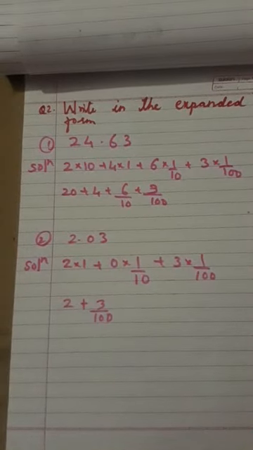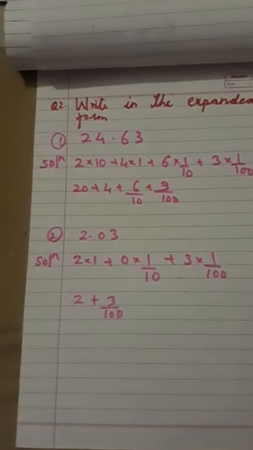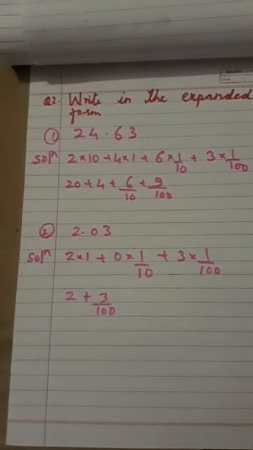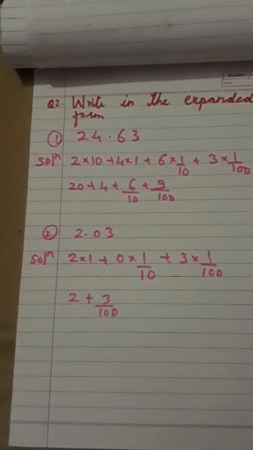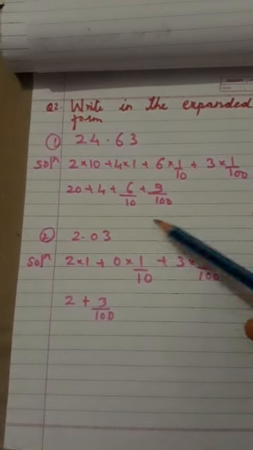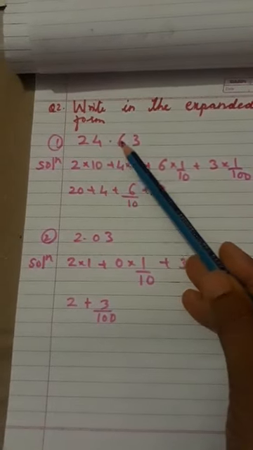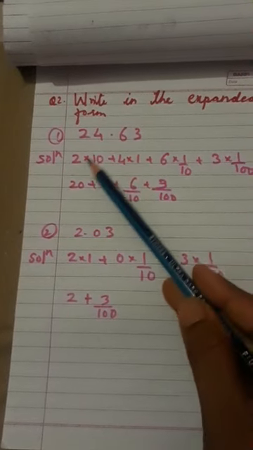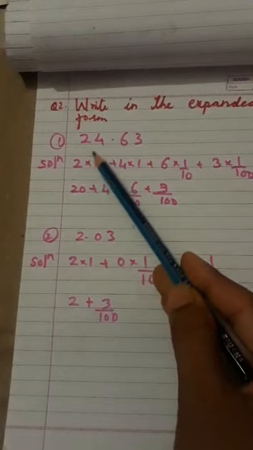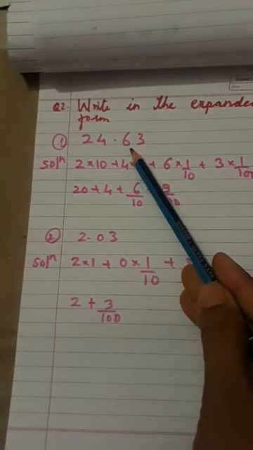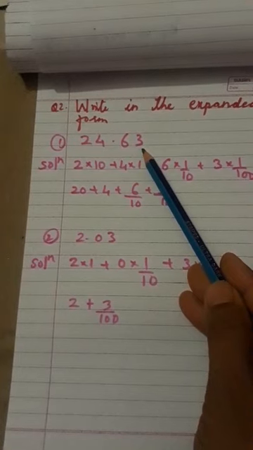Students, let's go for expanded form. We have learned this in 4th standard, how to represent it in expanded form. But now we are learning about decimal points. So what is given? 24.63. You have to write this in expanded form. So 2 is in tens place, 4 is in ones place, 6 is in tenths place, 3 is in hundredths place.